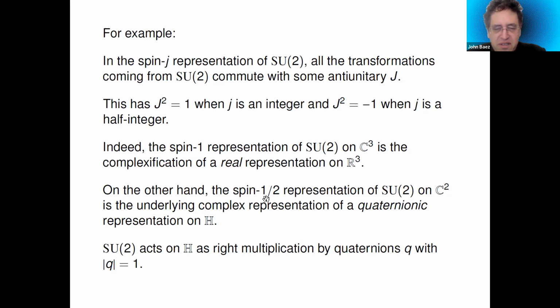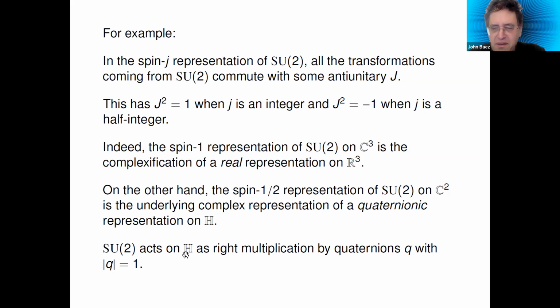So if you take the spin 1/2 representation of SU2 on C2, then that's actually coming from a quaternionic representation of SU2 on the quaternions. So C2 turns out to be the underlying complex vector space of the quaternions. And I've even gotten good mathematicians confused about that, because what's going on here is that SU2 is the unit quaternions, and that's how it's acting on the quaternions.